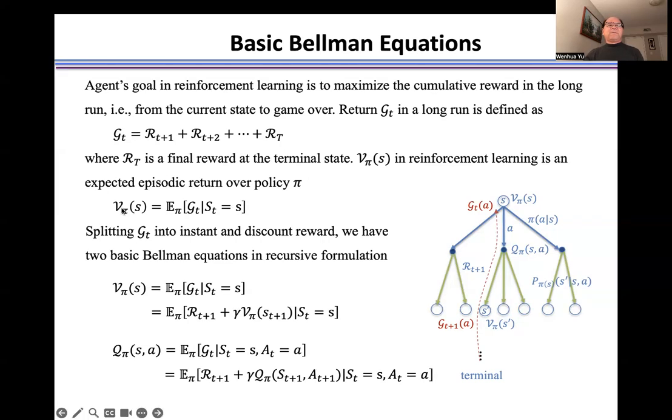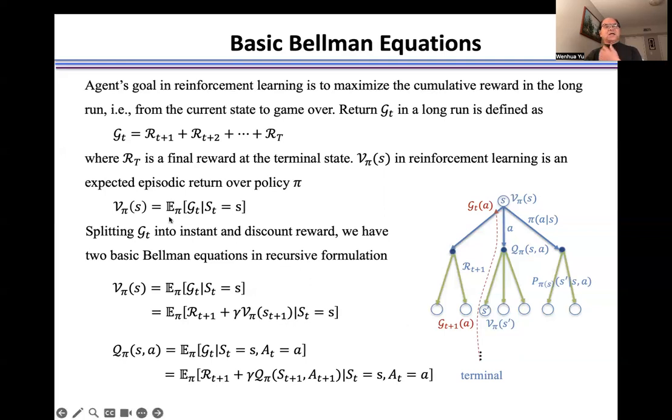And so we define a new state value function V, which is the expectation of a return over the action distribution. Episode means the agent, from its current state, moves step by step to the terminal, and finally wins the game or successfully finishes the job.